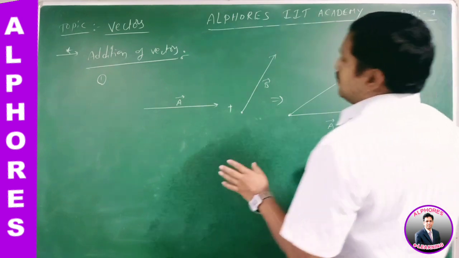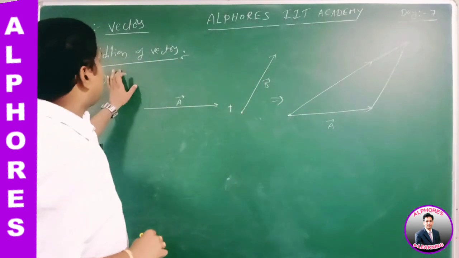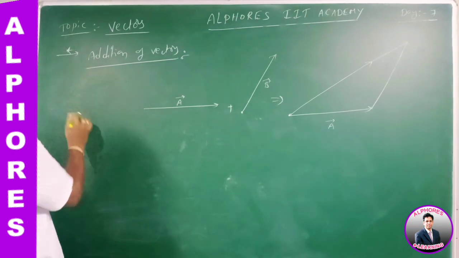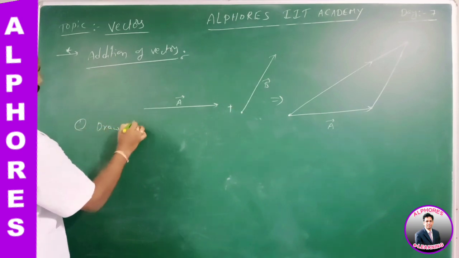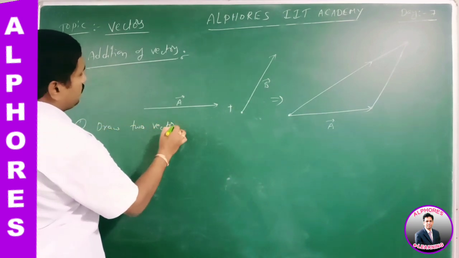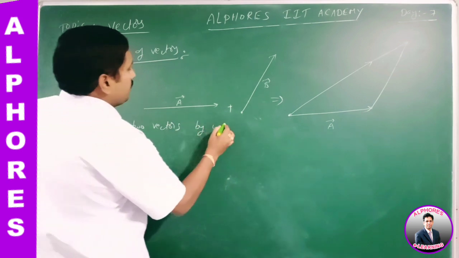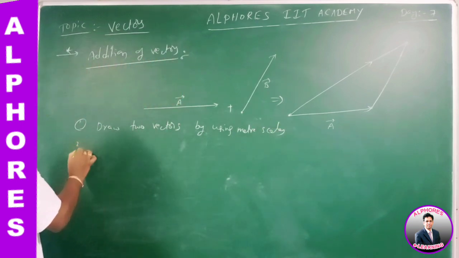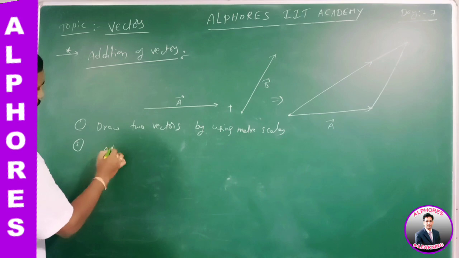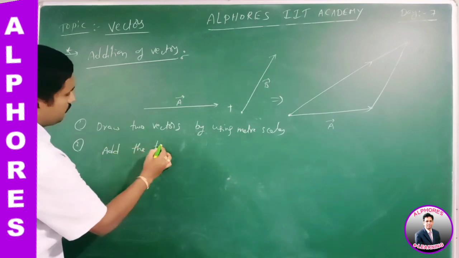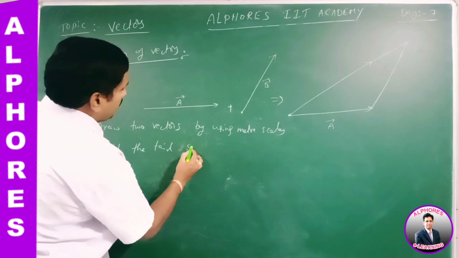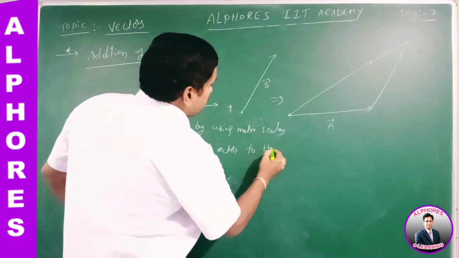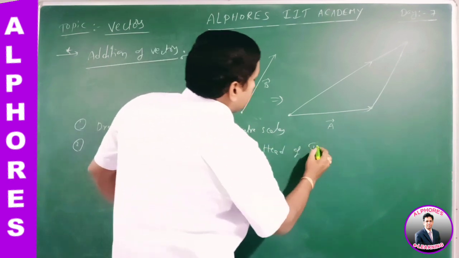So the actual mechanism of addition of vectors: first point, draw two vectors by using meter scales. Second point, add the tail of the second vector to the head of the first vector.